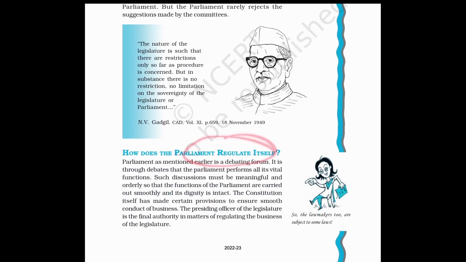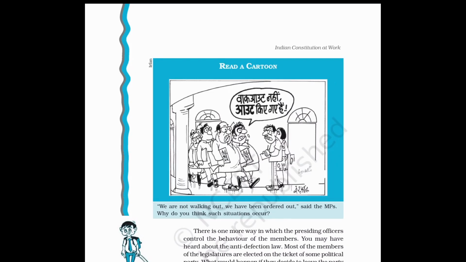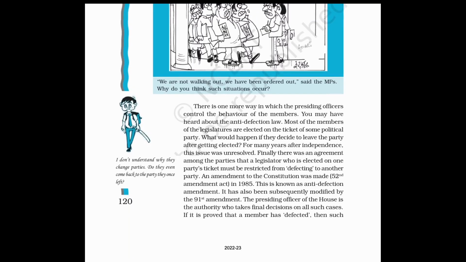And how does the parliament regulate itself? As we saw, it is a debating forum, so it has certain functions to be performed. Some discussions might be meaningful, some are done randomly and are not considered that way. So the constitution has ensured that we have the smooth conduct of the business, and it has made the presiding officer of the legislature, जो chair पर होंगे, the final authority; whatever is to be decided, the presiding officer will decide.